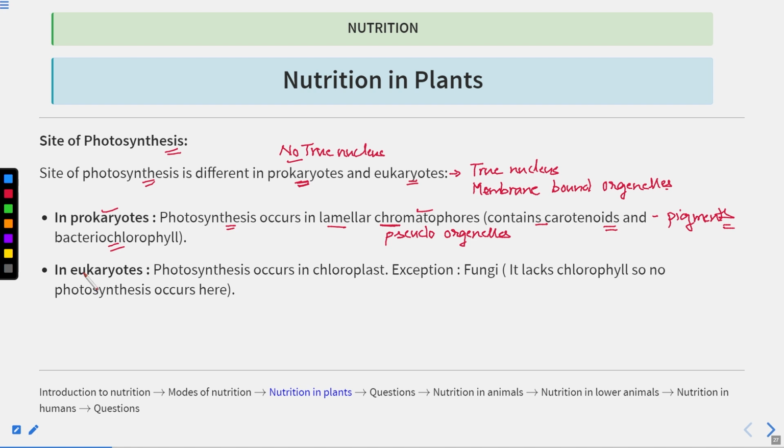All right. Now in eukaryotes, the photosynthesis occurs in chloroplasts. So plants, okay, they are eukaryotic organisms. And the site of photosynthesis is chloroplast. And chloroplasts contain what? It consists of the photosynthetic pigment known as chlorophyll.